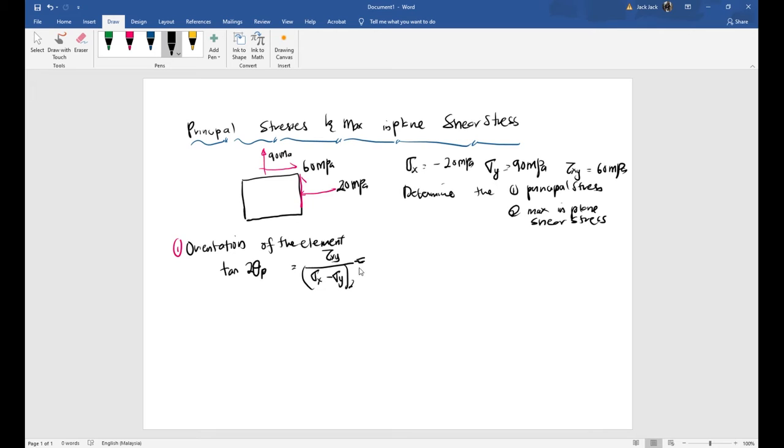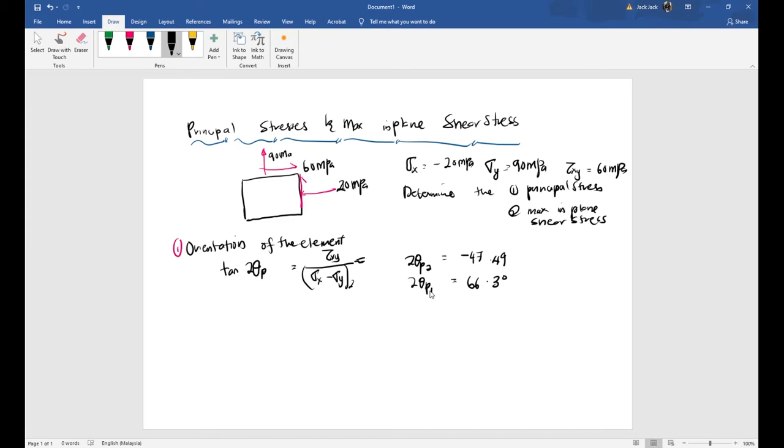You will get two values of theta. The first one, 2 theta p is equal to minus 47.49 degrees, and the second one is 2 theta p is equal to 66.3 degrees. Let's simply define this as your 2 theta p2, and this one is your 2 theta p1.